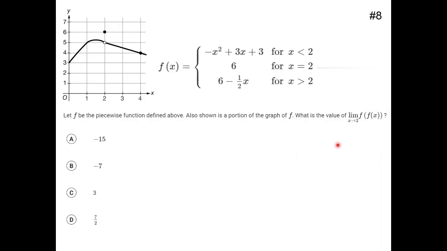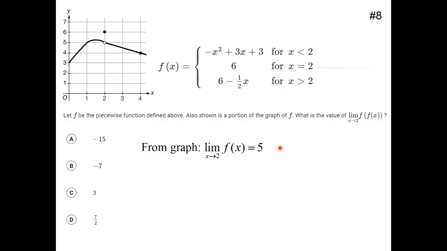So first we need to find the limit as x approaches 2 of this inner f function. So just graphically, we're just asking, as I approach the x value 2 from the left and the right, what y value am I approaching? So from the left and the right side, we appear to be approaching the y value 5 right here. So from the graph, we can say that the limit as x approaches 2 of f of x is 5.